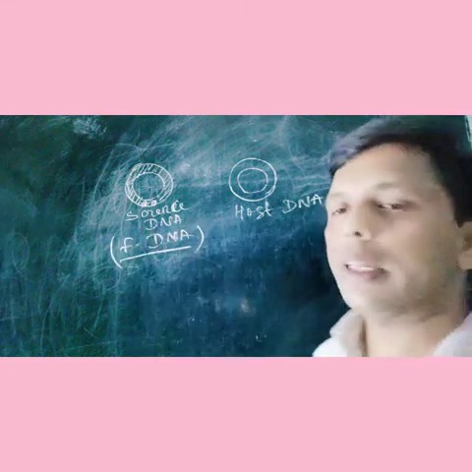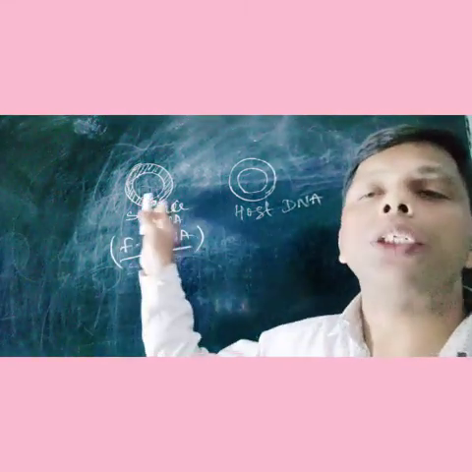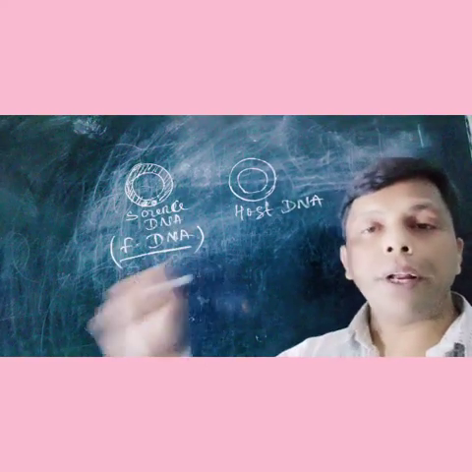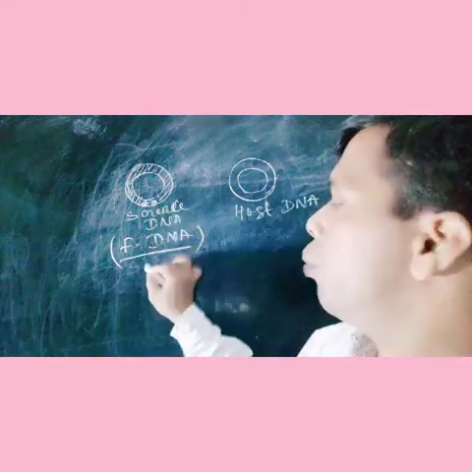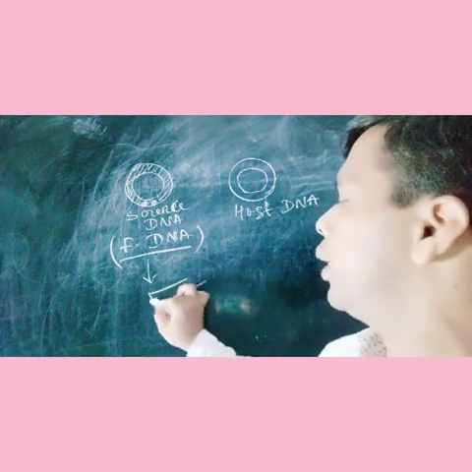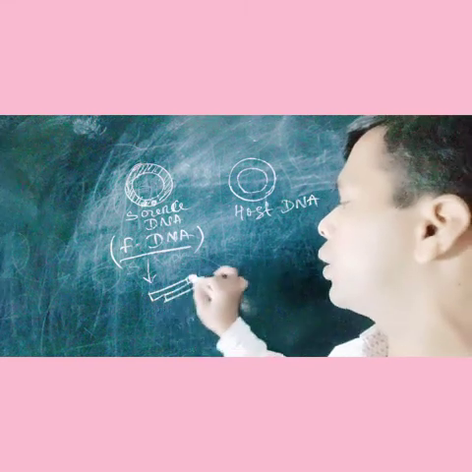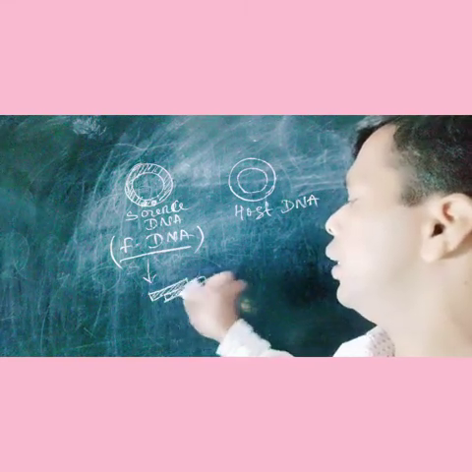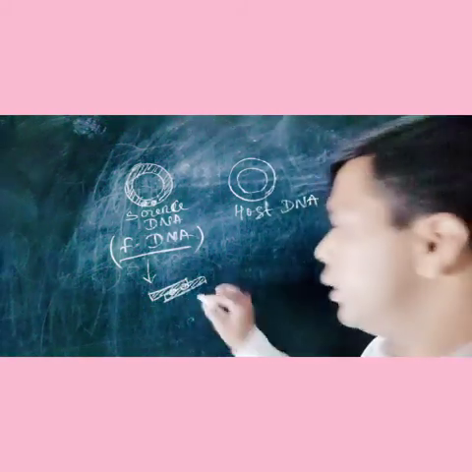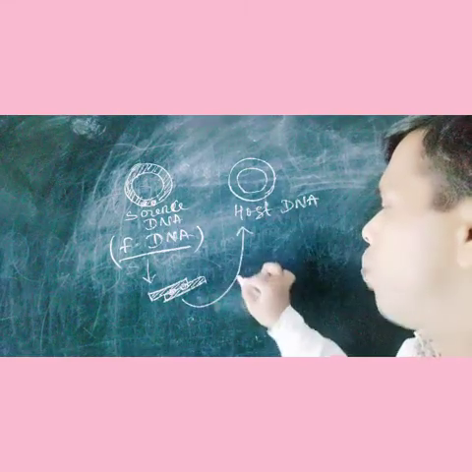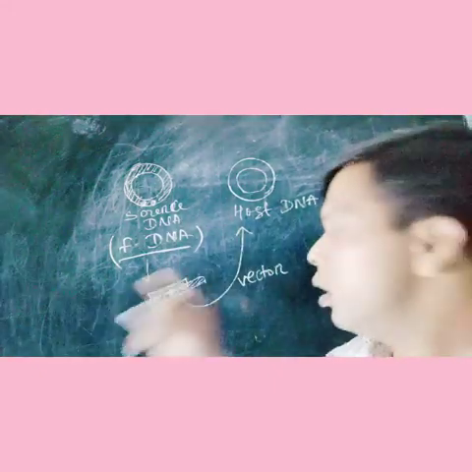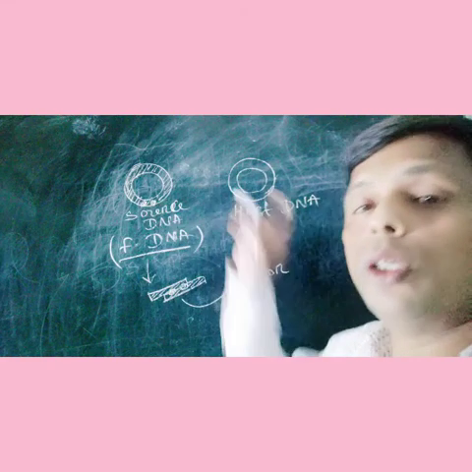In recent times, it is possible to isolate a segment of DNA from the source and introduce it into the host. Suppose a small segment has been isolated from it, which carries the desired gene or gene of interest. This segment is transported to the host by means of a vector. A vector is a carrier molecule which transports the segment to the host.